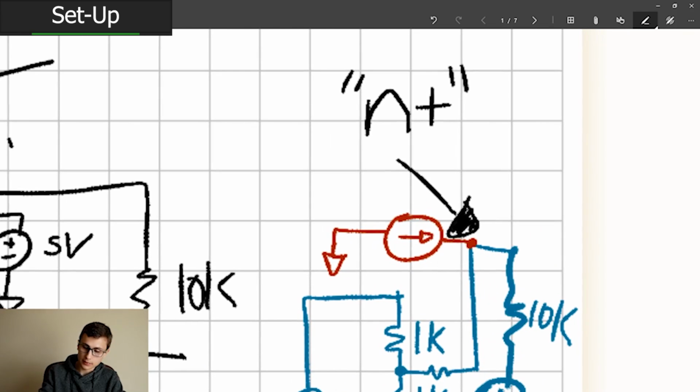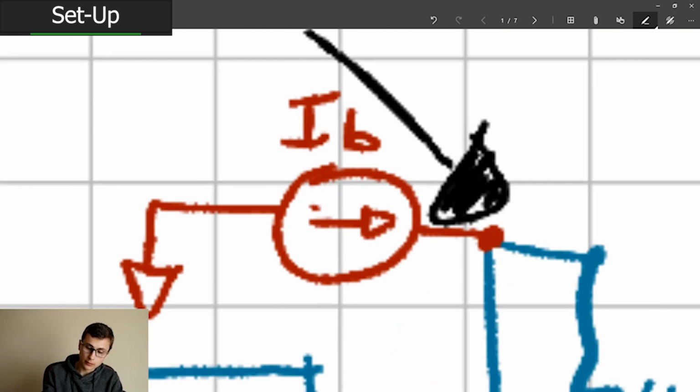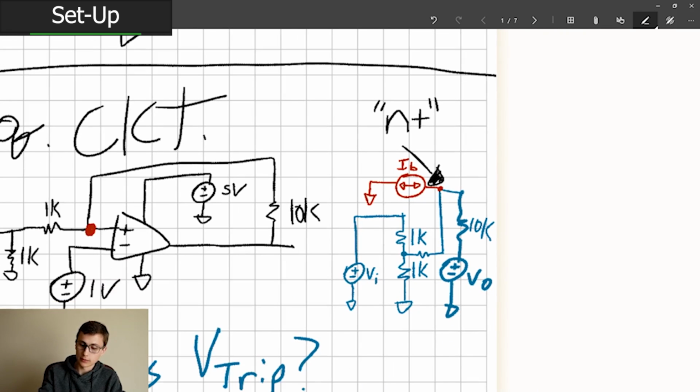That's our input bias current. So it's possible that we might be injecting some current back into that node. But what's weird about bias currents is they can actually be bidirectional. So we could be sourcing or sinking current from that node.